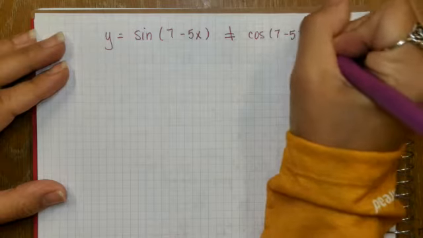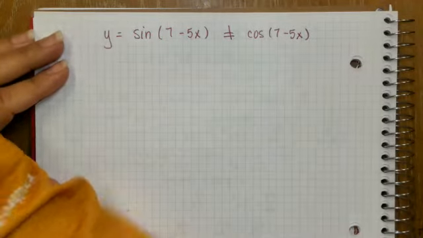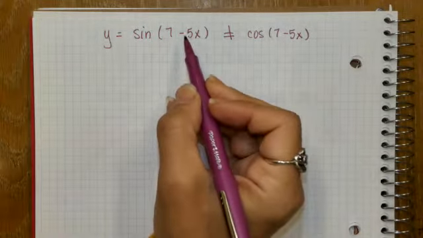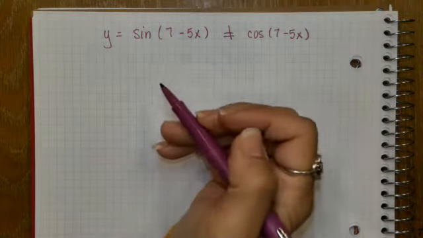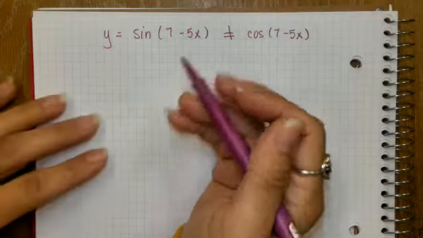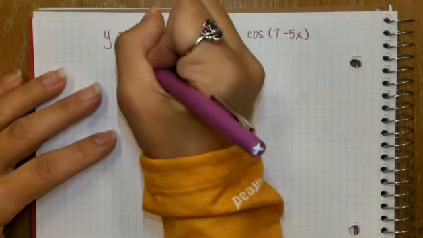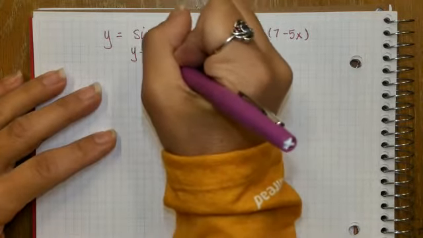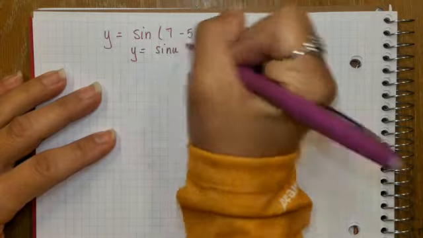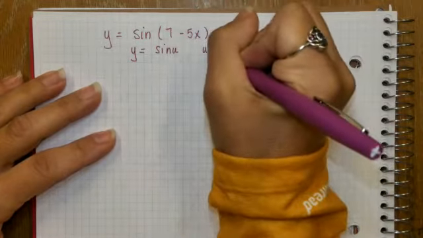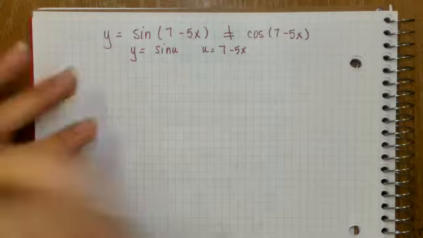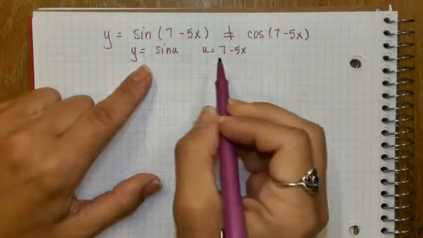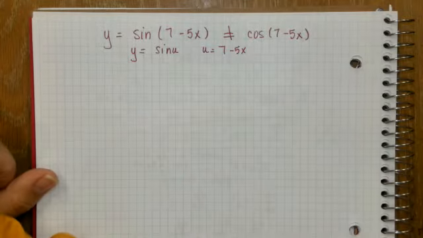This is not true. The reason it's not true is because 7 minus 5x is indeed a function itself. Let's rewrite it as a composite function. So let's say y is equal to the sine of u, where u is 7 minus 5x. This is a composite. F of x equals sine x, then you would substitute in.